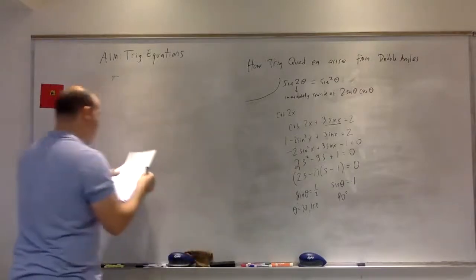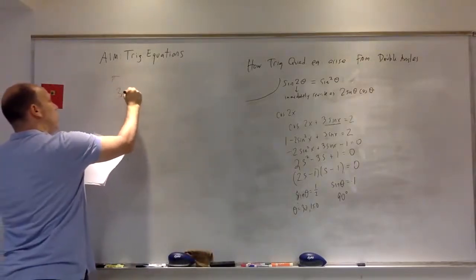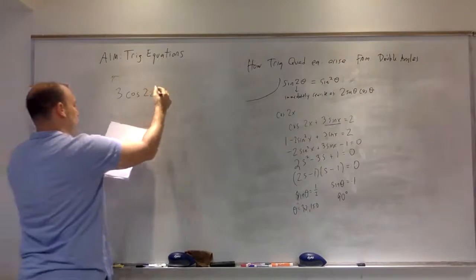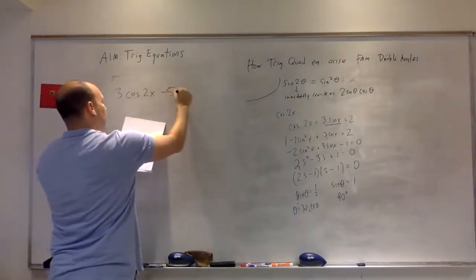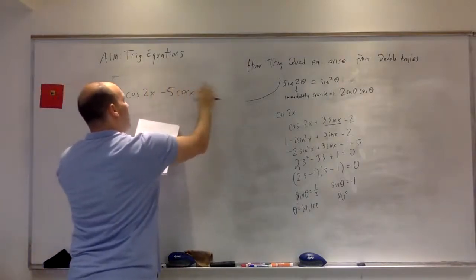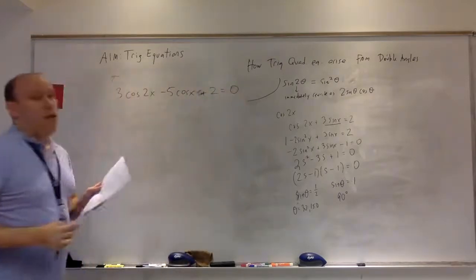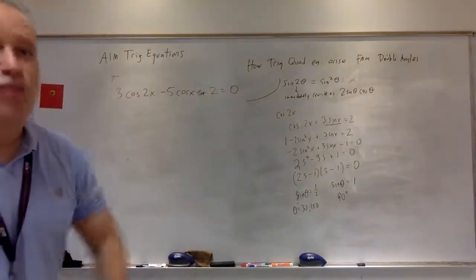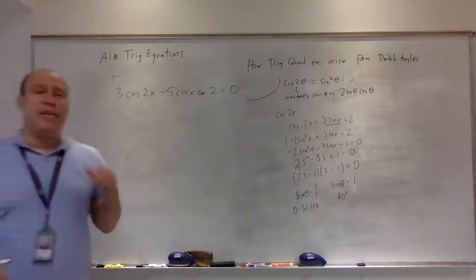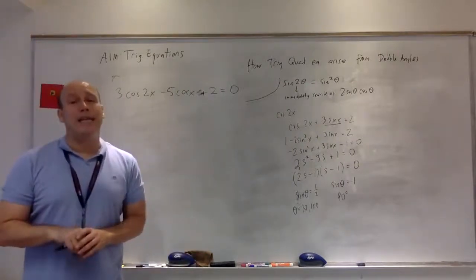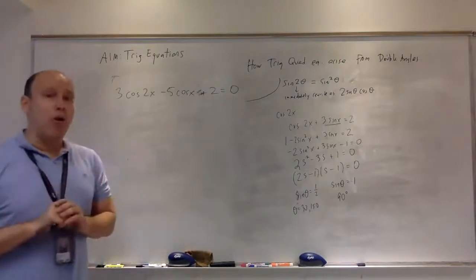Let's see. We have 3 cosine 2x minus 5 cosine of x plus 2 equals 0. The second you see cosine 2x, you probably know you're going to need to use one of the Pythagorean identities, and it's going to be quadratic.